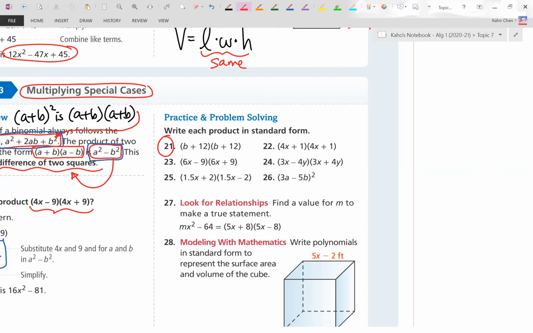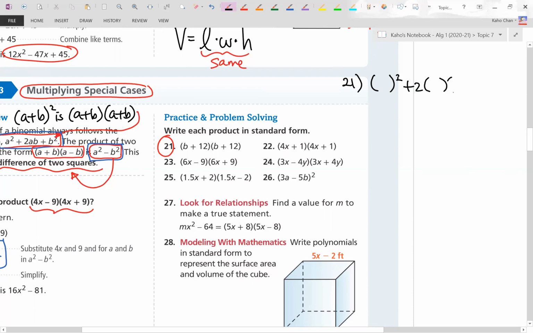So for number 21, up here, give myself some space. The pattern is a squared plus 2ab plus b squared. Now, if you don't know these patterns, you can actually just FOIL it, and it's not a big deal to memorize these patterns, but it's kind of cool to use them.